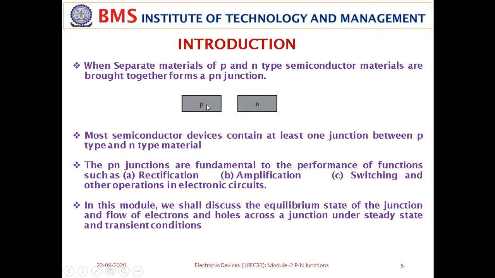May I know the reason why it exactly flows from p to n? Conventionally, the current direction is opposite to the flow of electrons. Exactly. The electrons flow, and the current flow is going to be opposite in nature.